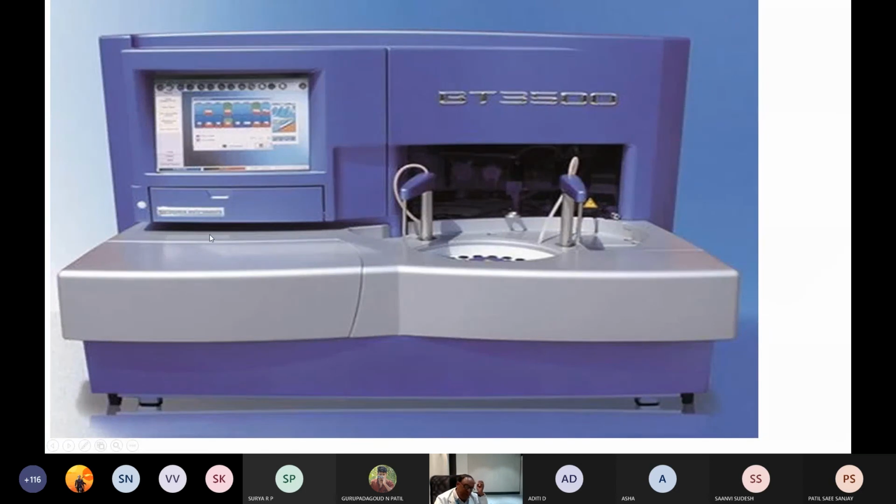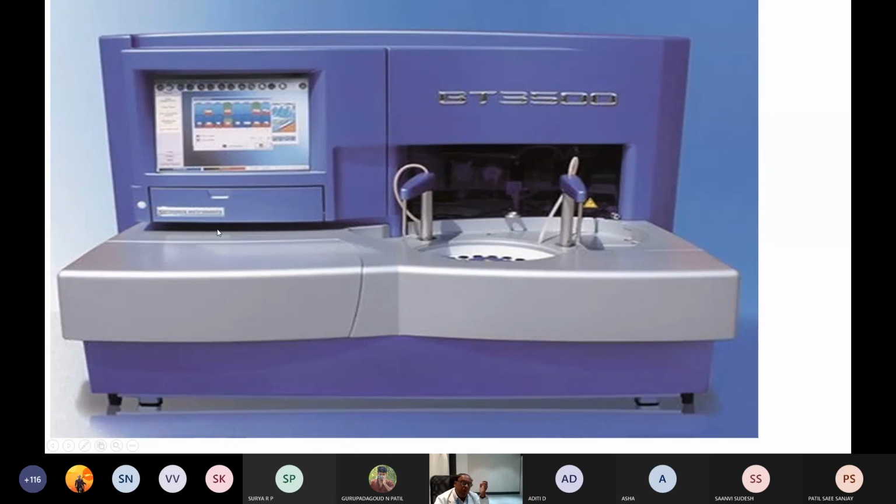In the spectrophotometer method I showed you, you must use 2 ml of reagent for each test: 2 ml for the blank, 2 ml for the standard, and 2 ml for the test. Whereas in the fully auto analyzer, hardly 400 or 500 microliters can be processed. So you will be saving reagent.